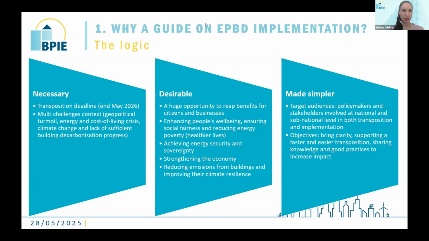It's also necessary, not only from a legal point of view, but if we look at the challenges that we are facing in Europe at the moment, we are not only facing geopolitical turmoil, we have been seeing in the last years an energy and then turned into a cost of living crisis for Europeans. But of course, we'll still have to face this major threat of climate change, and we see a lack of sufficient progress in terms of building decarbonization.